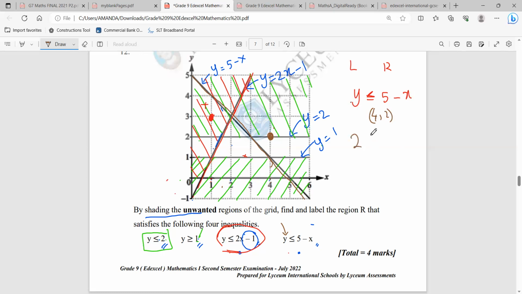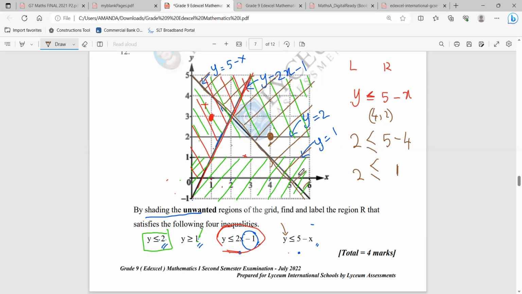So let's put 2 on this side, and 5 minus x is 5 minus 4, which is 1. So 2 is greater than 1. That means this is outside the area, this is the unwanted area. So I can color the top of this line. It's unwanted.